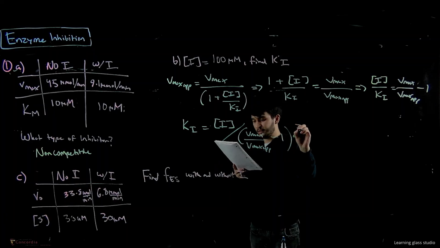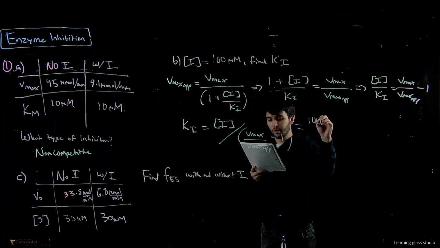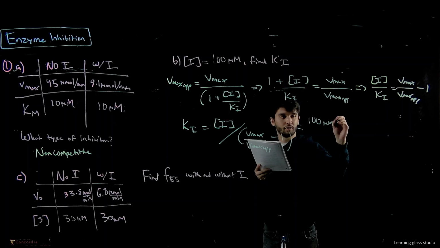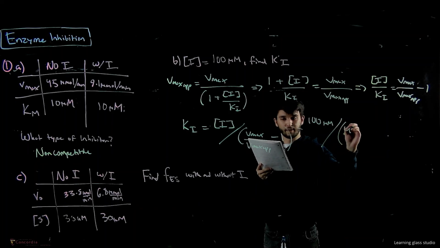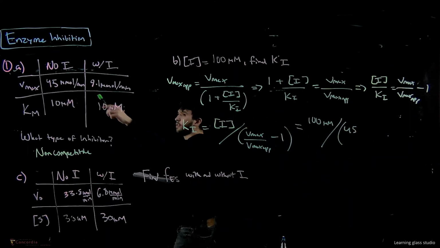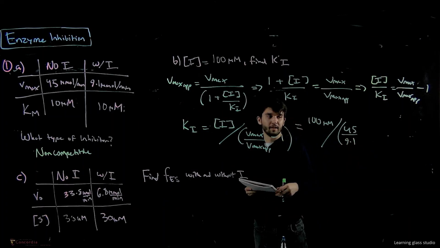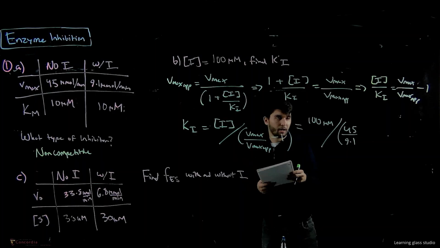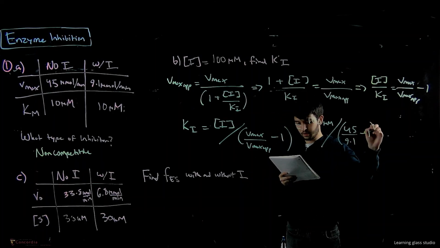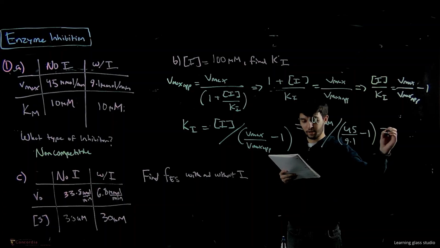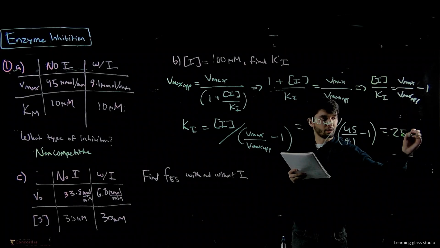So now plugging into this, we get 100 micromolar over 45 for our Vmax divided by 9.1. I'm not going to write the units because they would just cancel here anyways. Minus 1. And if you put this in your calculator, you get 25 micromolar.